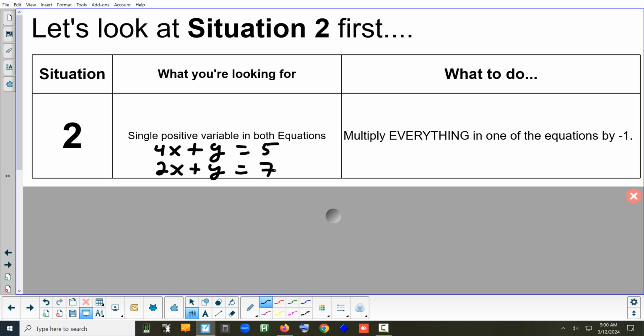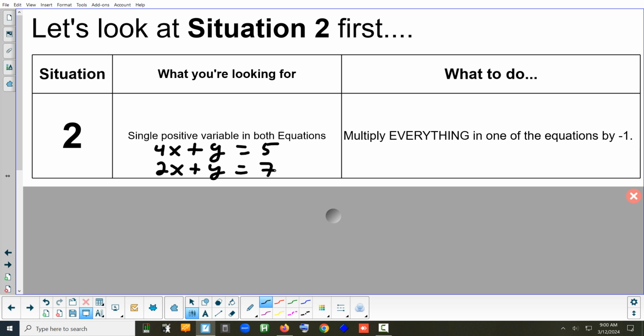That's not what we want. Okay, but it's close. So what we would have to do to fix this one is multiply everything in one of the equations. Doesn't matter which one you pick, top or bottom. But multiply everything in one of the equations by -1. So let's just try that step on this one.